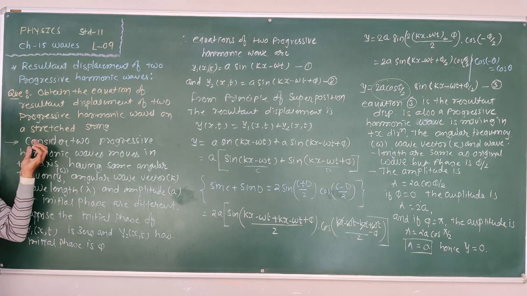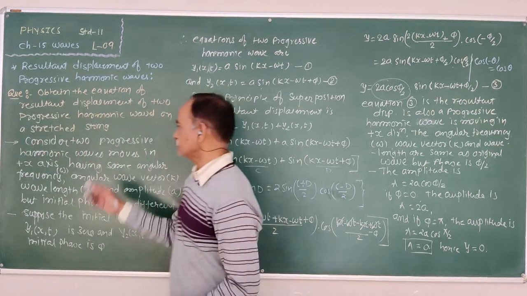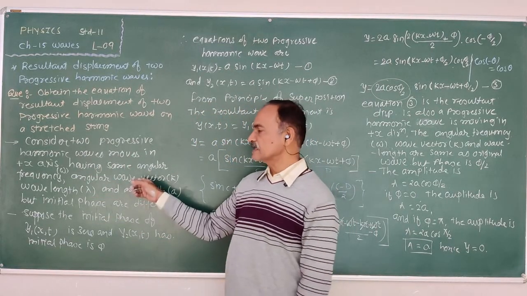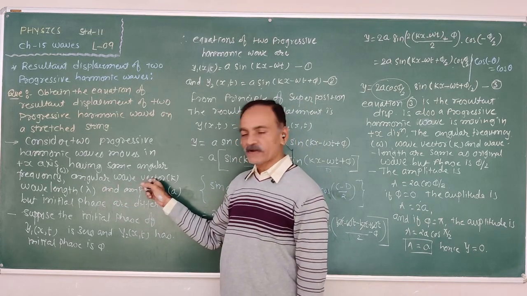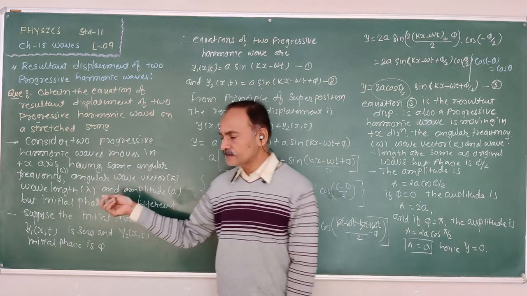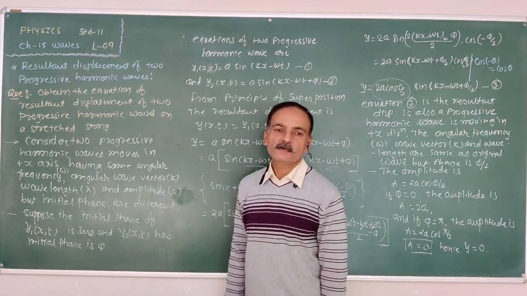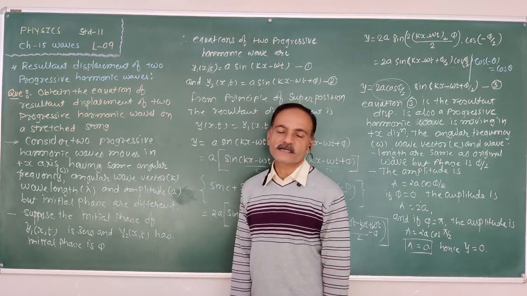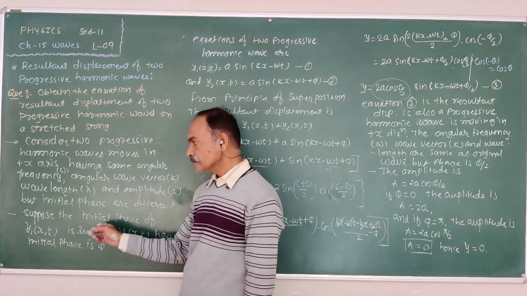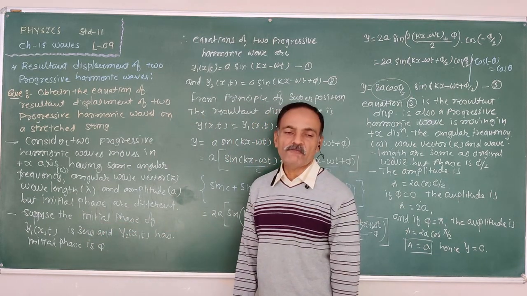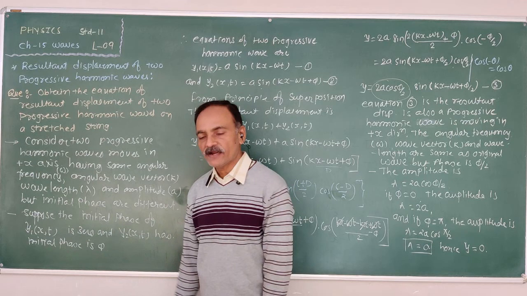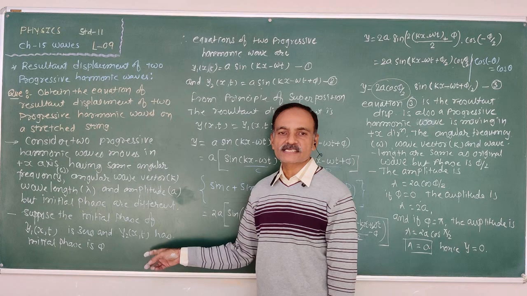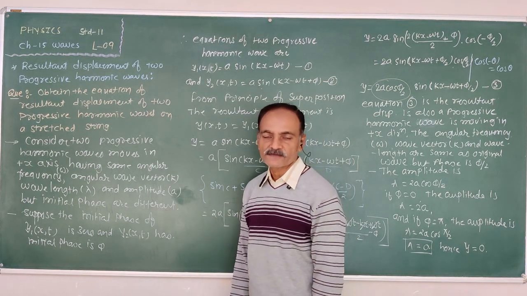For that purpose, we consider two progressive harmonic waves, both moving on the x-axis, having the same angular frequency, same wave vector, same wavelength and same amplitude, but different initial phases. Suppose the initial phase of the wave represented by y1(x,t) is 0, and the second wave represented by y2(x,t) has the initial phase phi.